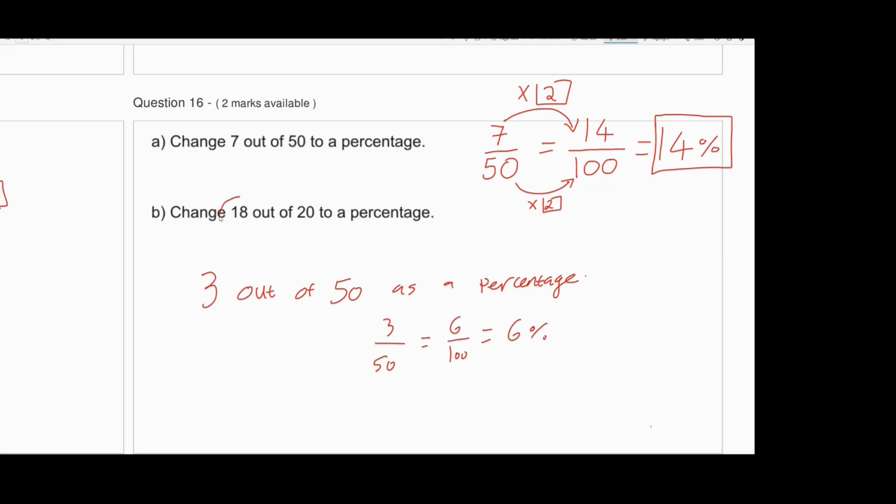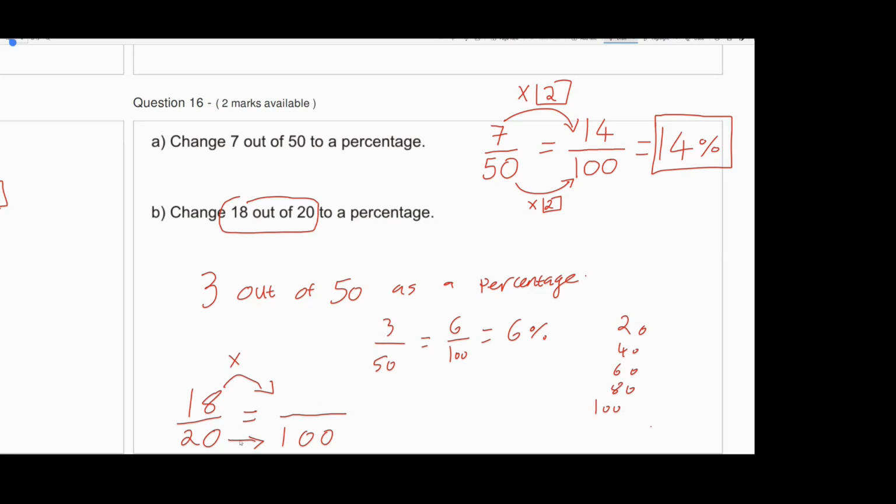So if I want to change 18 out of 20 to a percentage, I would start by writing 18 over 20. Then I would think, what do I have to times 20 by to get 100? And then whatever I times that by, I'd have to times 18 by.